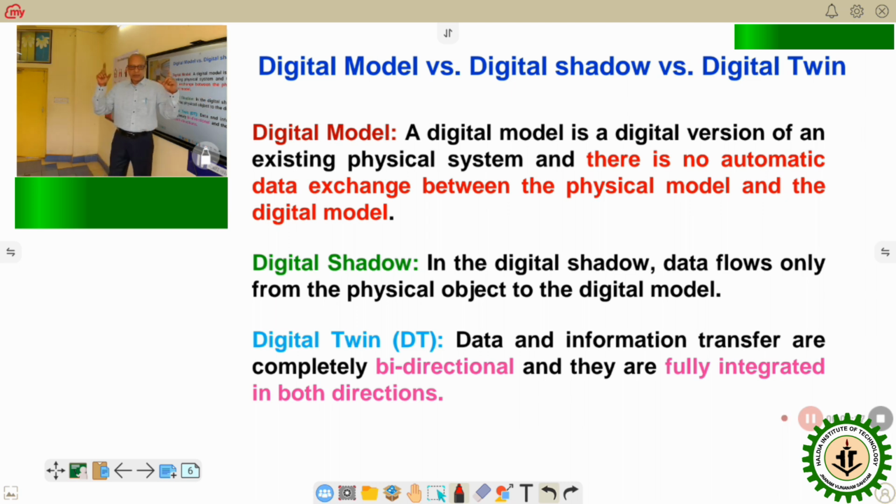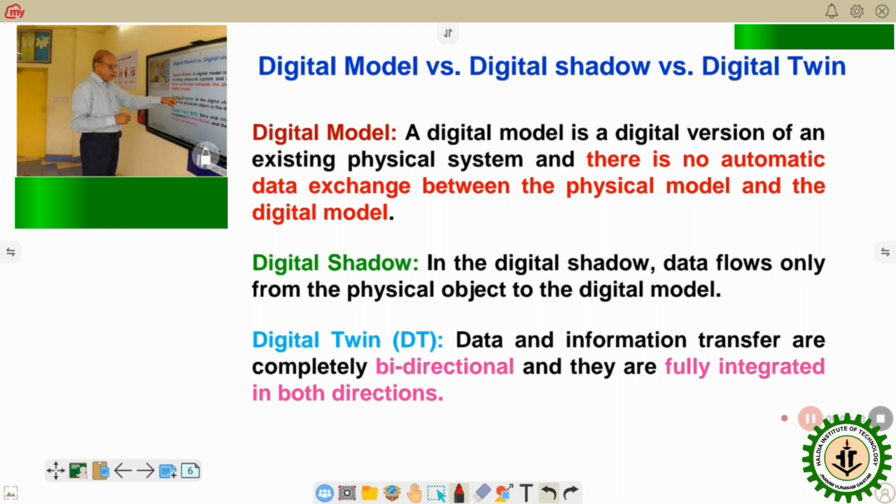There is a possibility of data and information propagation in two ways, from physical to cyber and then from cyber back to physical. From the physical to cyber, it is in the form of raw data, and from the cyber to physical, it is in the form of information that will lead to actionable conclusions.